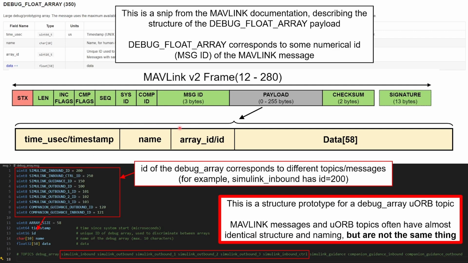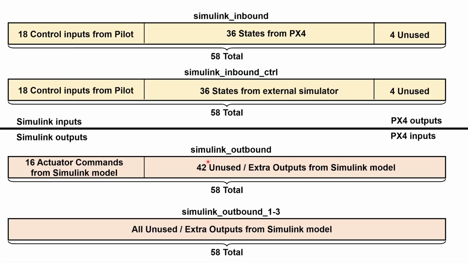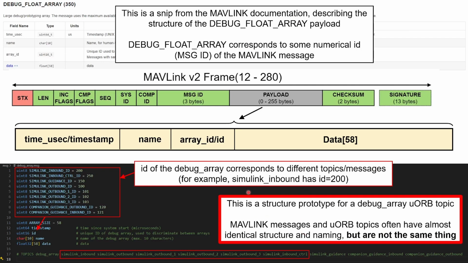These are array IDs for decoding and encoding, because since I'm using the same debug array, I need to know which debug array it is. I have 6 different debug arrays that I'm just calling different things, because they mean different things, but they are the same data structure. And when I'm interpreting them, I'm using these IDs to differentiate between them.